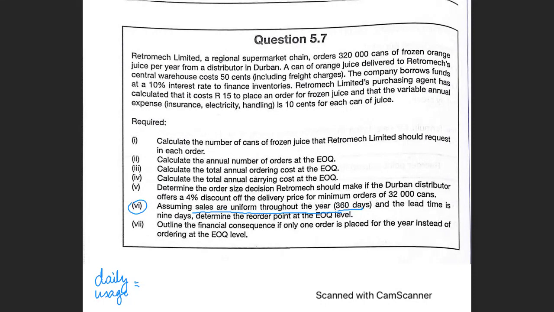To work out the daily usage, we're going to take the total usage for the year and divide it by the number of days in the year. So divide it by 360.